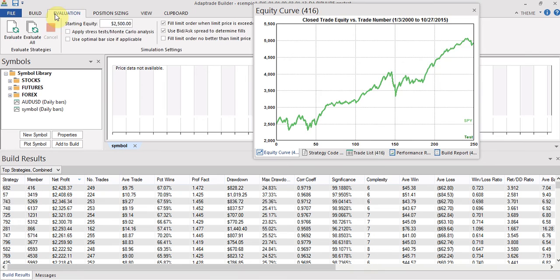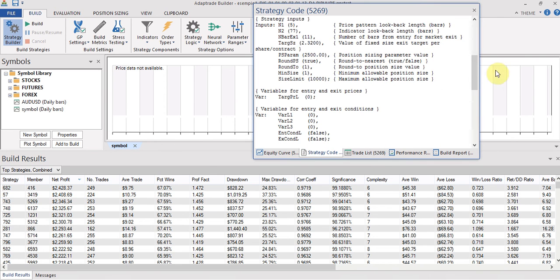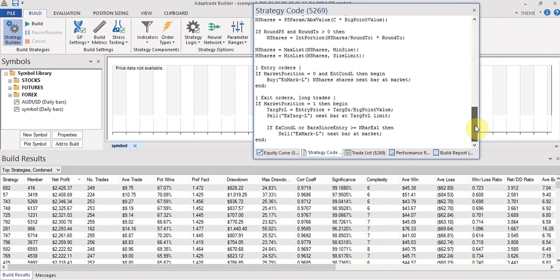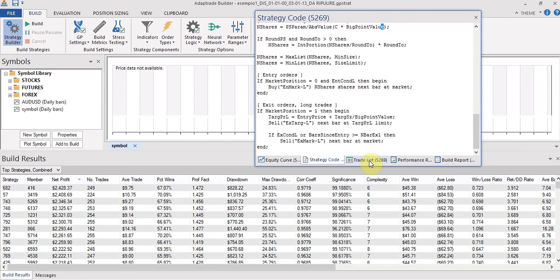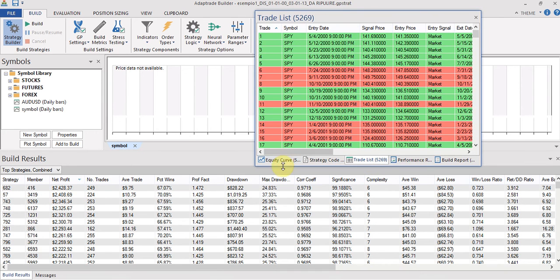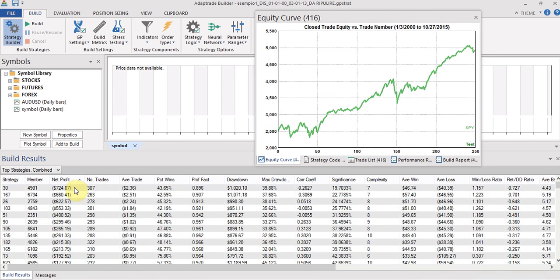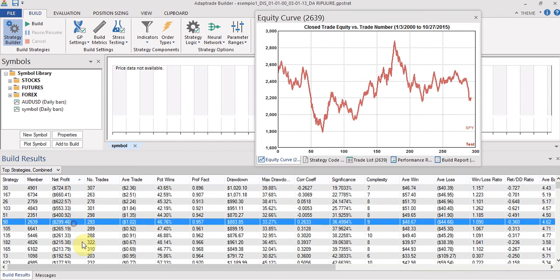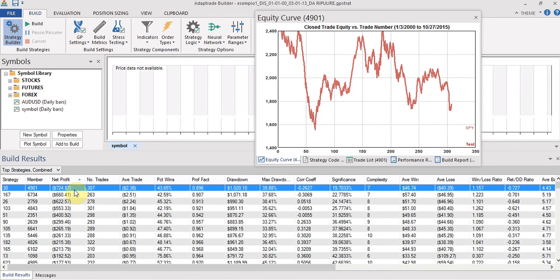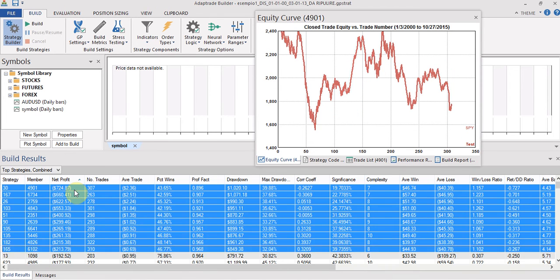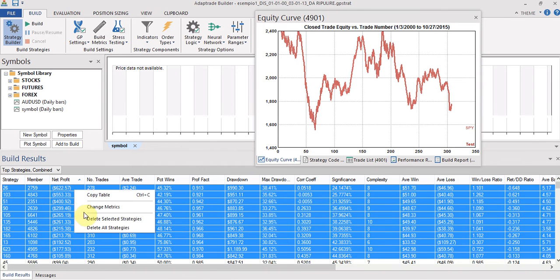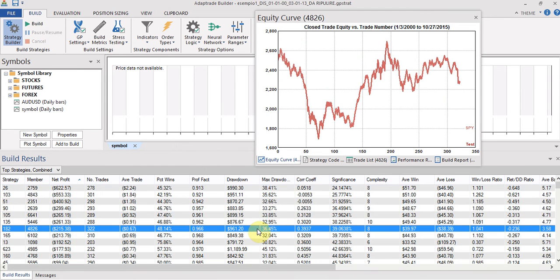So this code here, once again, had been created for Walt Disney, but at the end I'm testing over SPY, and in some cases it's okay, but on the other one you see here a very bad result. So even in this case with net profit negative, I'm going to simply delete, and so on.